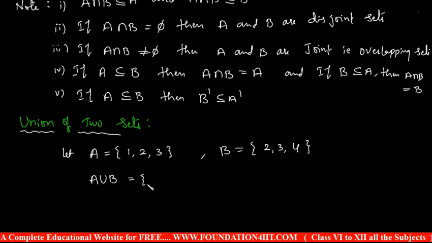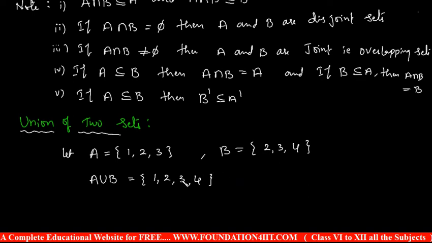So that is all the elements which belong to A or B or both. Every element you should write without repeating. So that means 1, 2, 3, 4. From set A and set B, all the elements we should write, that is A union B without repeating. That means the union of two sets A and B is a set of elements which belong to A or to B or both combined.